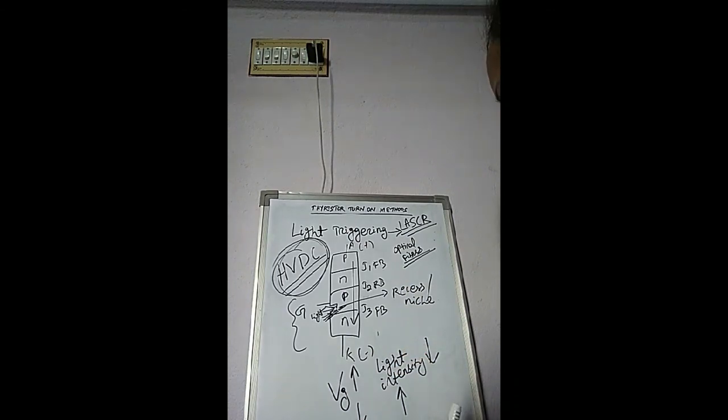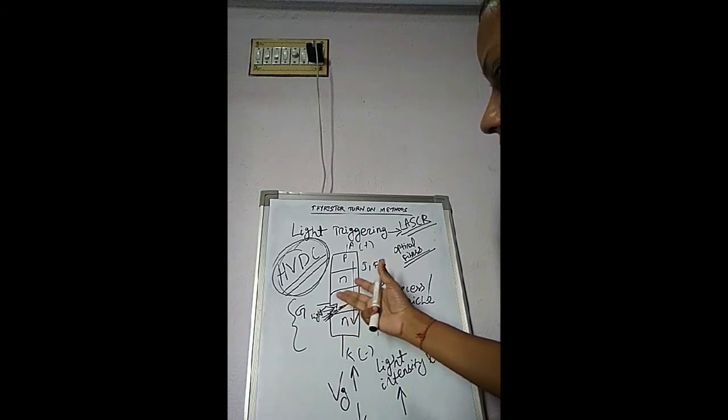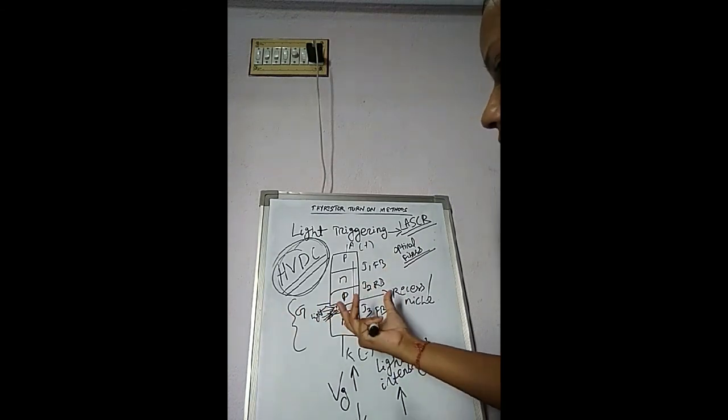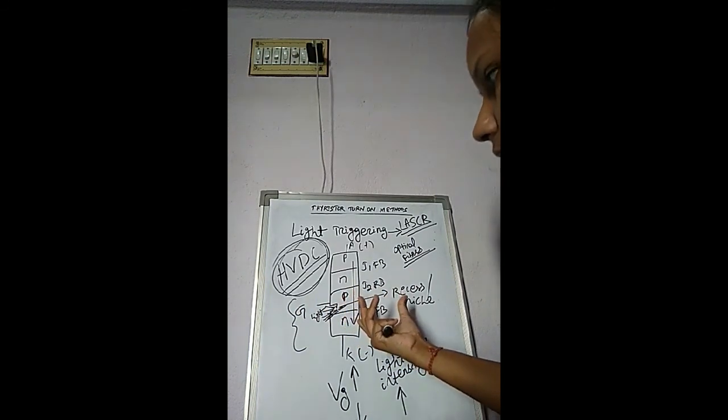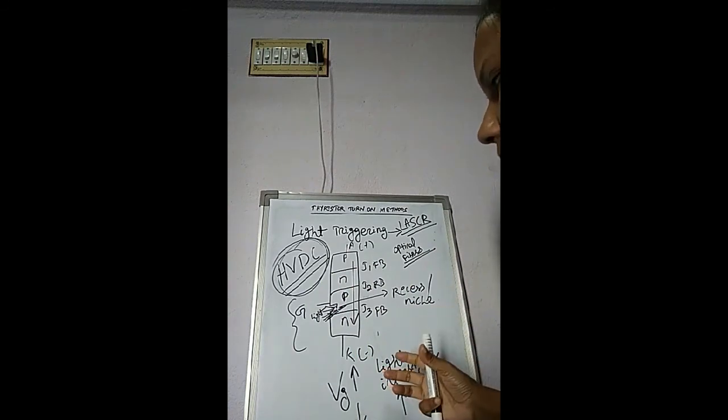So clearly understood about the light triggering method. That means how much light is irradiated at this recess, and how much gate voltage is given to the gate circuit, they are both interrelated.